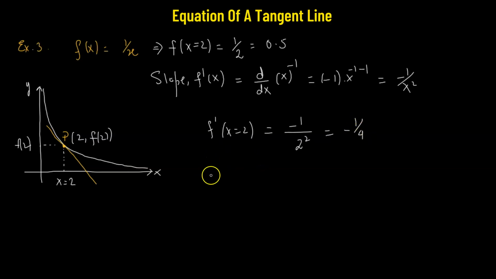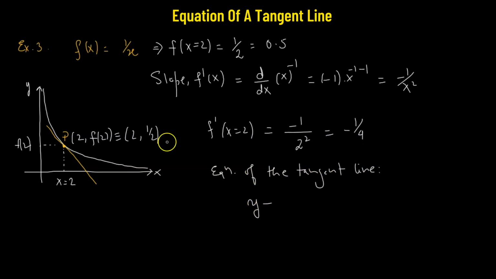So let's use the equation. So this is equivalent to (2, half). So our equation of the tangent line will be y minus y1, where our y1 value is half, equals the slope, which is negative 1 over 4, multiplied by x minus x1.